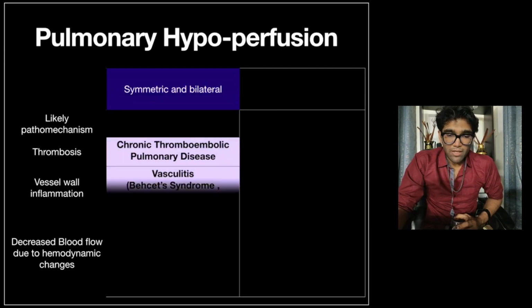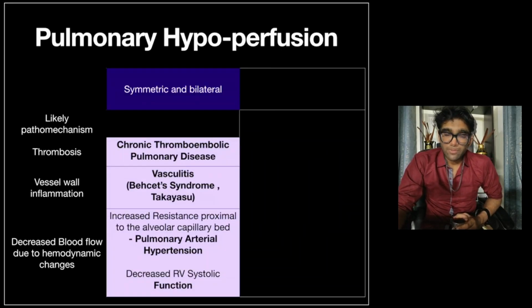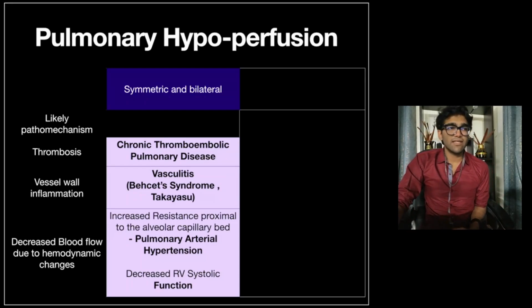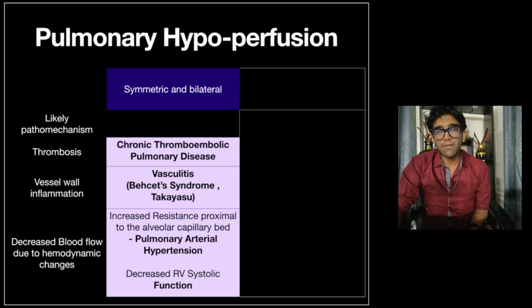Now let's talk about pulmonary hypoperfusion as a cause of decreased parenchymal attenuation. Just based on the distribution of the hypoattenuating areas, it may be that the areas are symmetric and present on both sides. In that situation, it is probable that the pulmonary vasculature is affected in multiple areas.